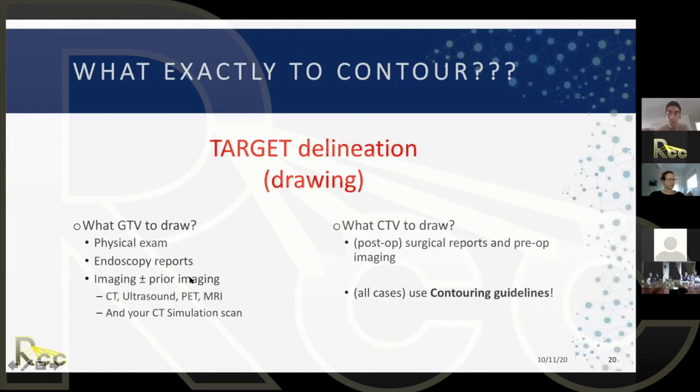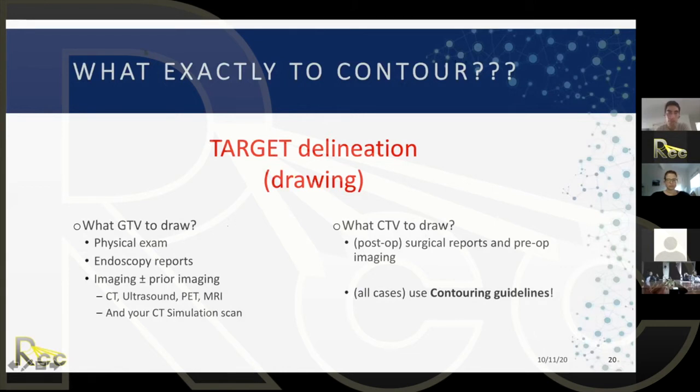So go back and look for those liver metastases or for those lung metastases. Which ones are old? Which ones are new? Which ones are growing? How did the imaging look before chemotherapy? Or how did the imaging look before surgery? These are all things that you want to consider when you're making your GTV and your CTV.